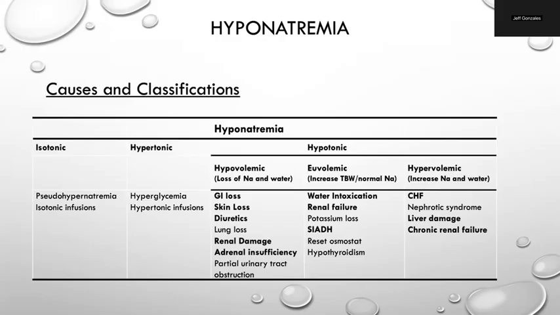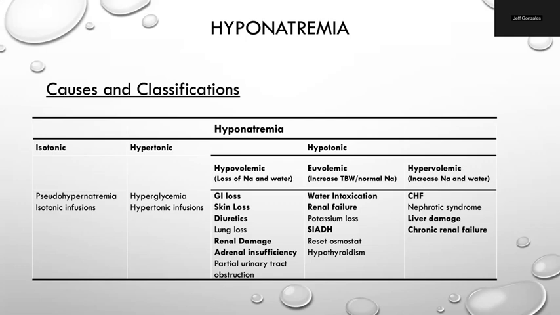For euvolemic hyponatremia, there's an increase in total body water, but a normal sodium. Common examples are water intoxication and syndrome of inappropriate antidiuretic hormone.